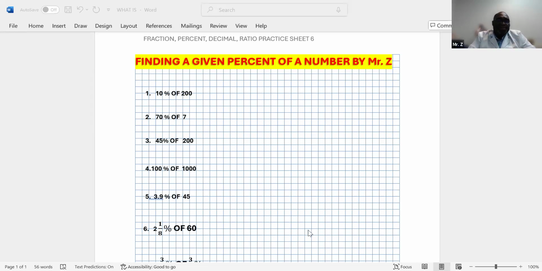If they give you a number like 2.5, anything they give you, and ask you to convert that to a percent, you multiply it by 100%.